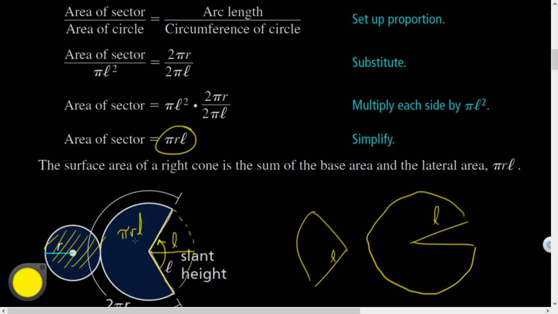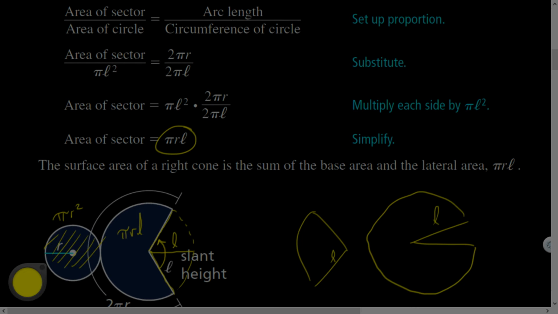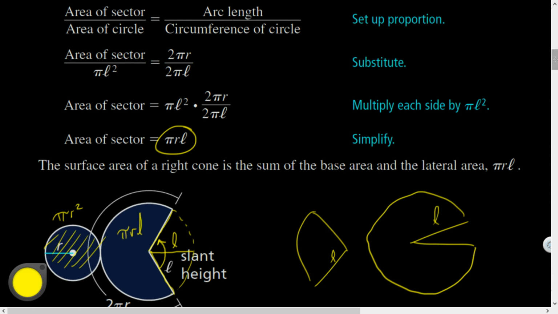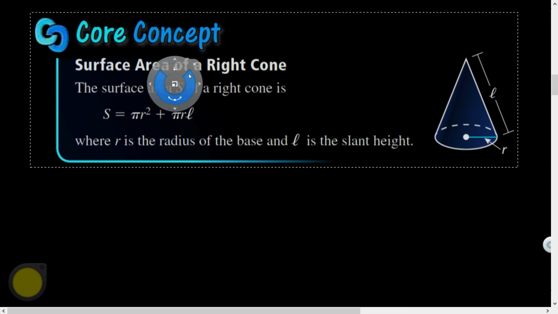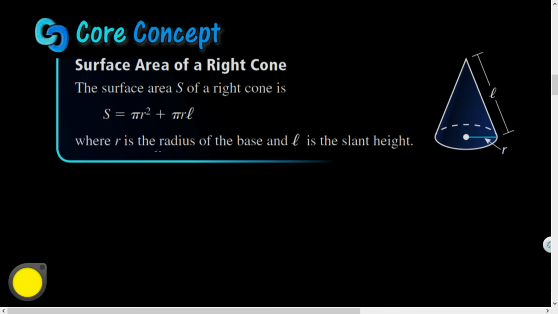All right, so with pi r L and pi r squared, we end up getting the surface area of a cone being pi r squared plus pi r L. We've had a bunch of conversation about surface area here, but pi r squared plus pi r L is what that ends up equaling.